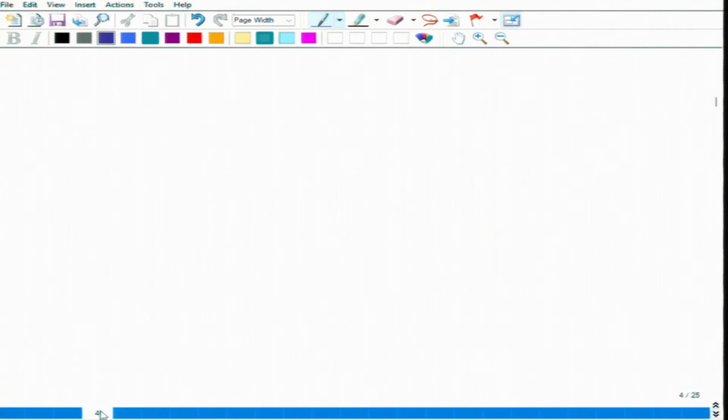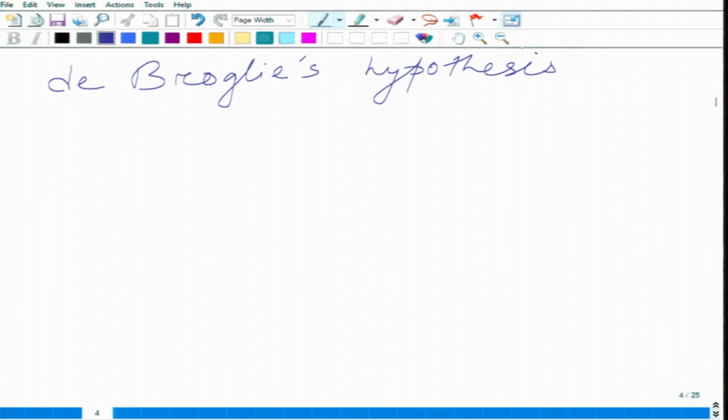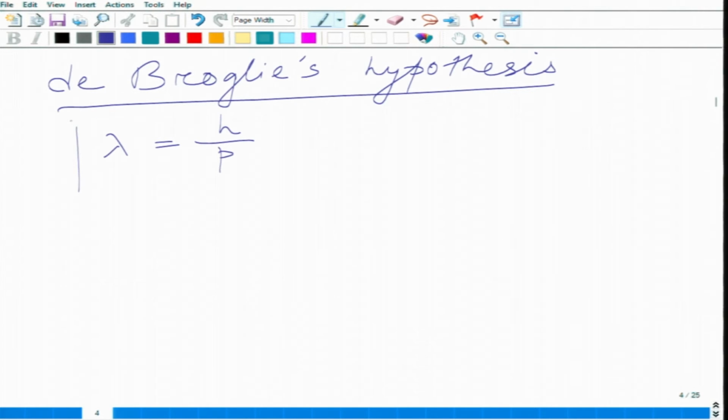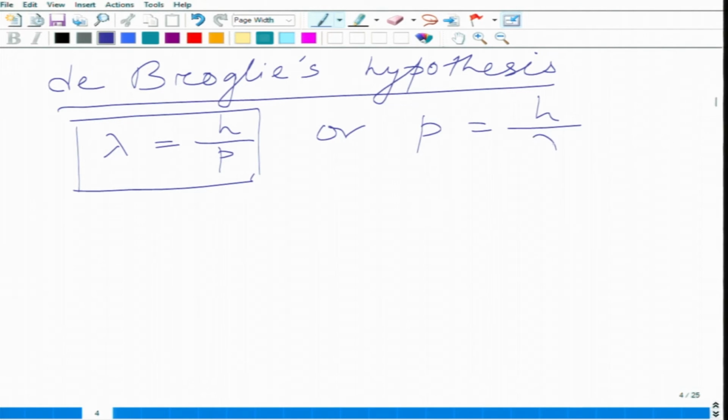So, De-Broglie's hypothesis is represented by these two equations, lambda equal to h by p or p equal to h by lambda.